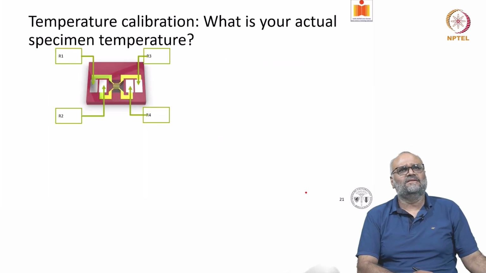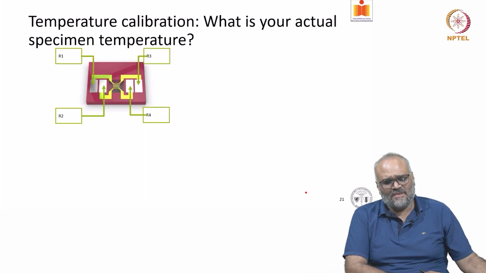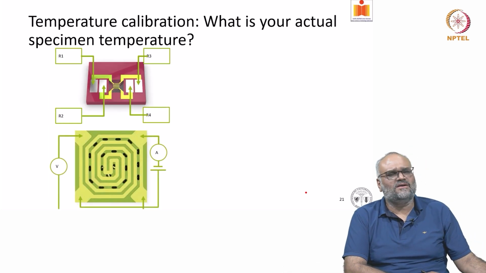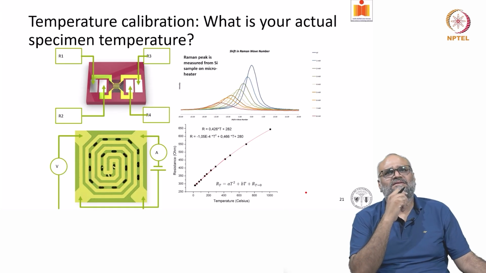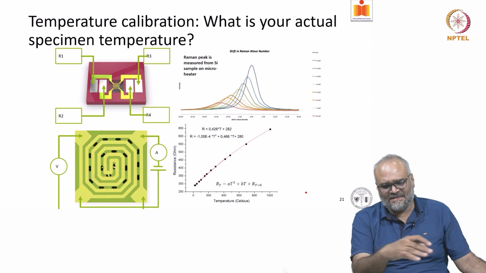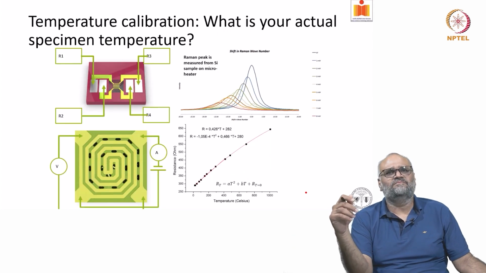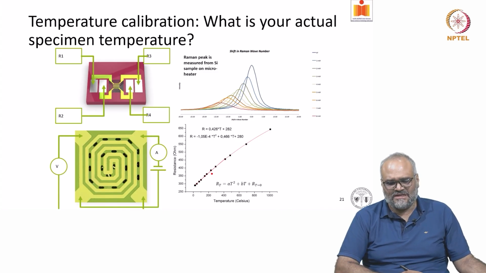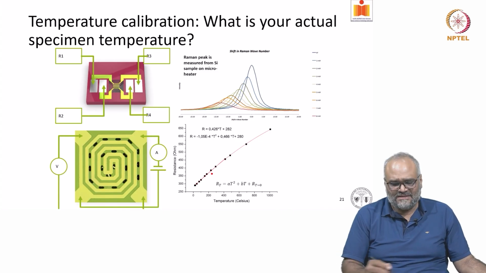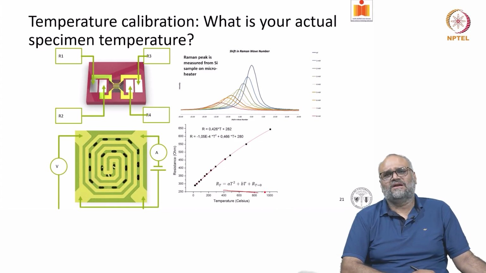And we've actually also done some alternative methods to calibrate this. By putting some polycrystalline silicon on the heater and heating it, by measuring the Raman peak shift, we calibrated how the temperature varies, and it follows this kind of a quadratic.